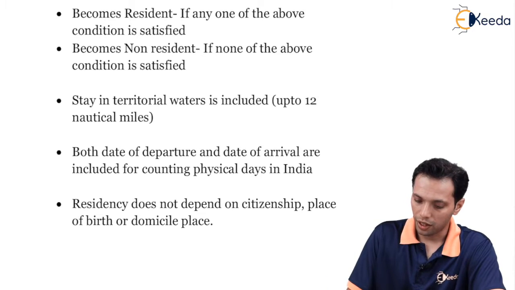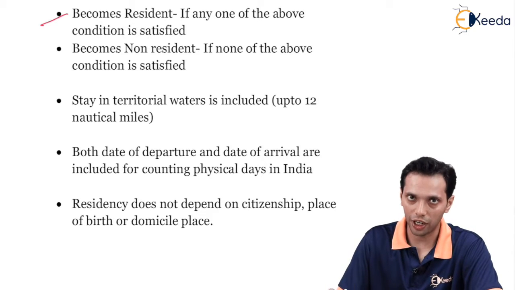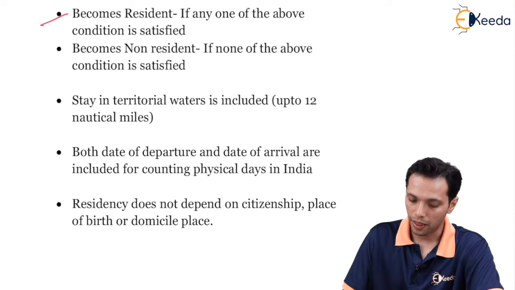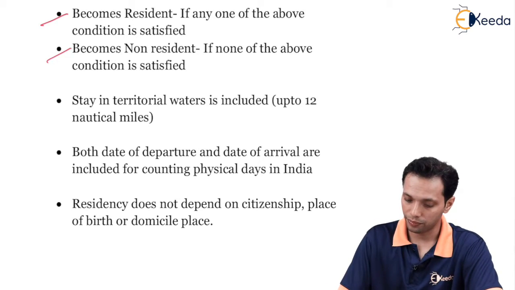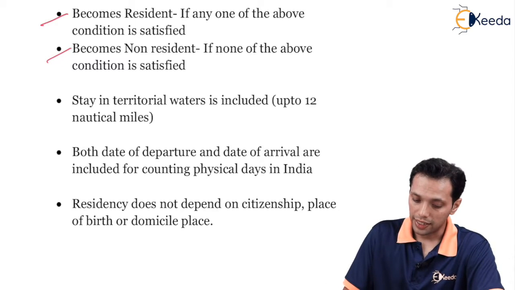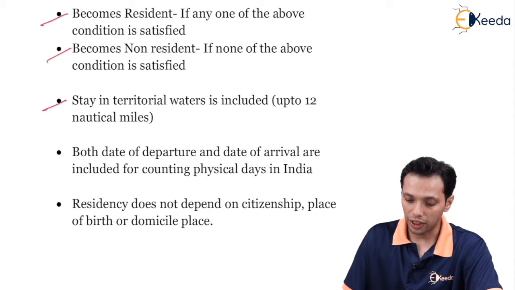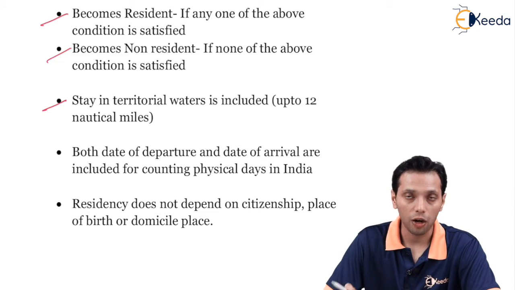On the screen you can see: becomes resident if any one of the above conditions is satisfied. Above conditions are 182 and 60 days. Becomes non-resident if none of the above conditions is satisfied. Then continuing to the residential part, stay in territorial waters is included up to 12 nautical miles. So we have seen the definition of India, what it covers.